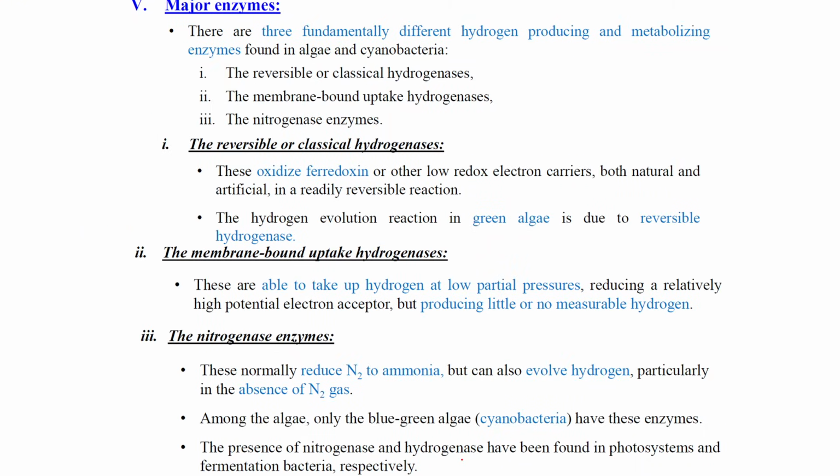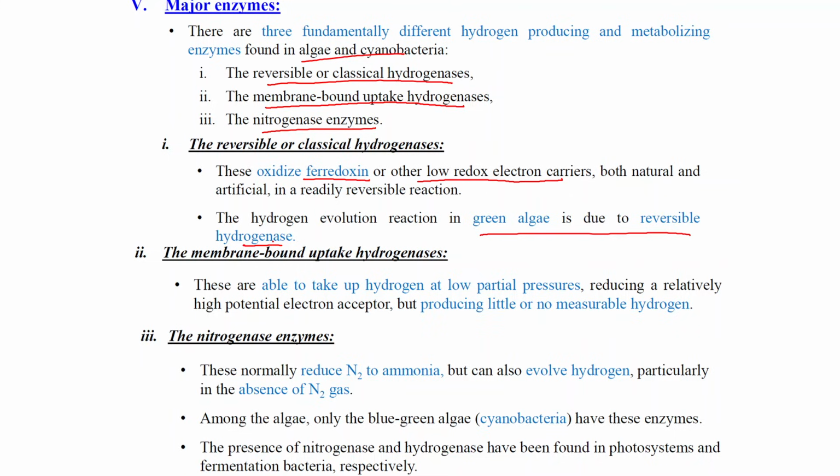Coming on to another topic, which is the major enzymes. There are various enzymes which assist in the production of hydrogen. Different types of enzymes are found in algae and cyanobacteria: the reversible or classical hydrogenase, the membrane-based uptake hydrogenase, and nitrogenase enzymes. Reversible or classical hydrogenases oxidize ferredoxin or other low redox electron carriers, both natural or artificial, and the hydrogen evolution reaction in green algae is due to the reversible hydrogenase.